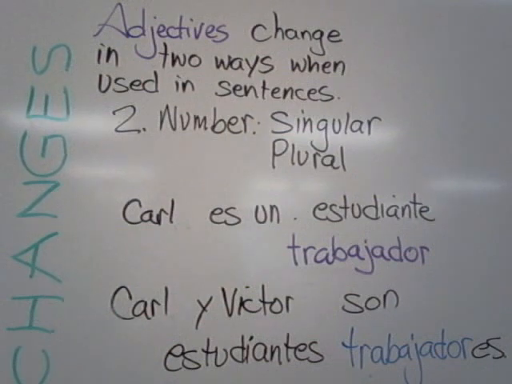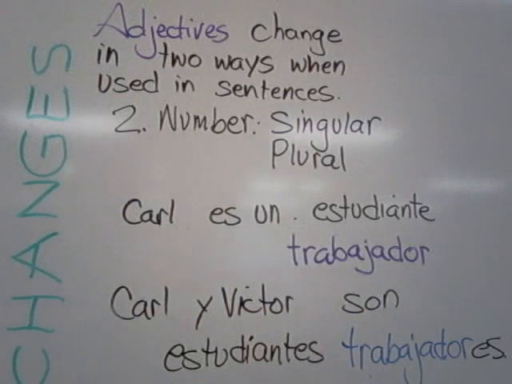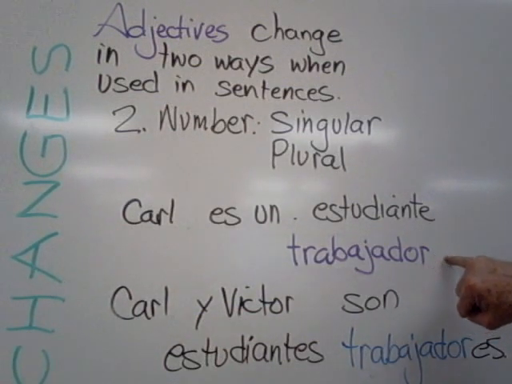Well, notice that when we change these adjectives to masculine, Carl es un estudiante trabajador. Notice it isn't trabajadoro, it's trabajador for the masculine form. And we take it to plural, Carl y Victor son estudiantes trabajadores. It's not trabajadoros because the masculine form ends in an R, not R-O.